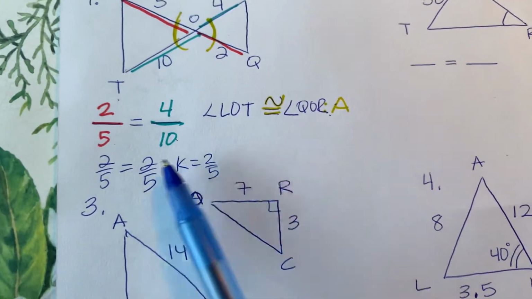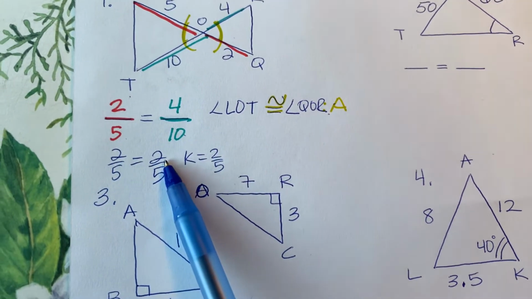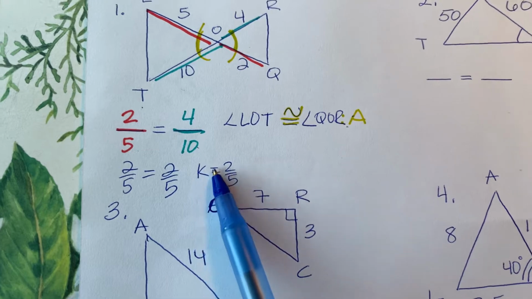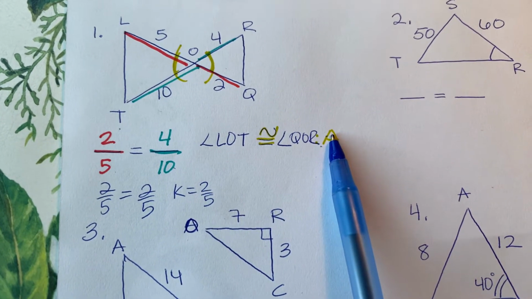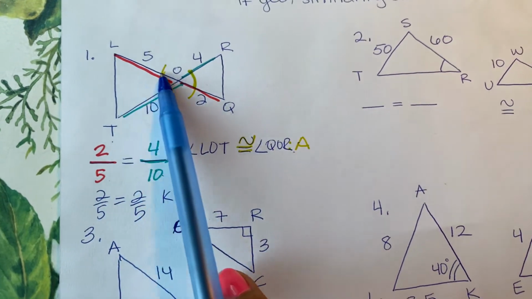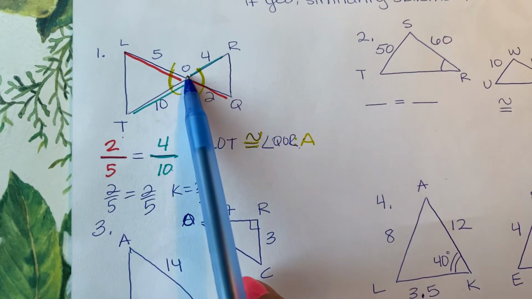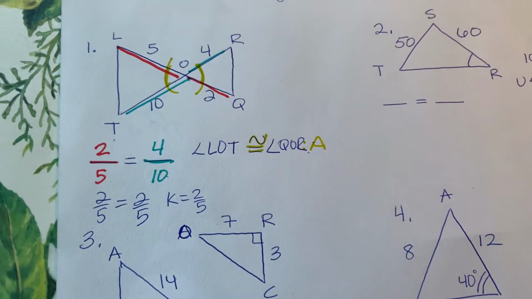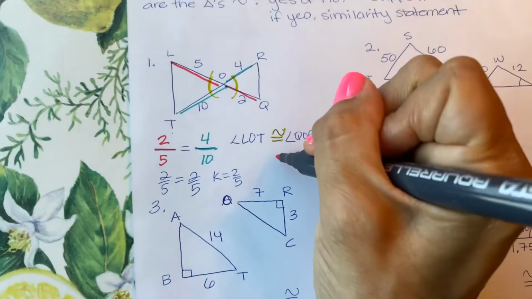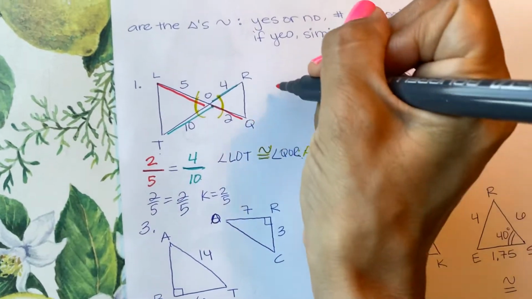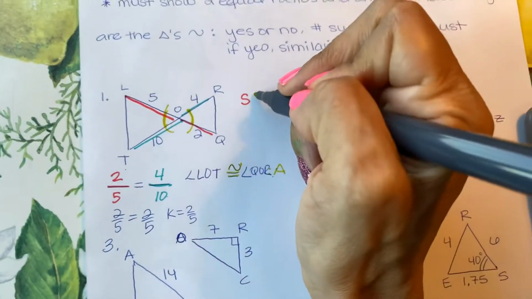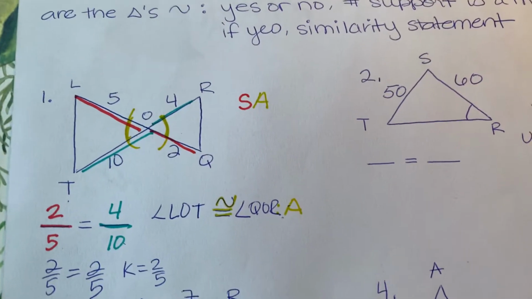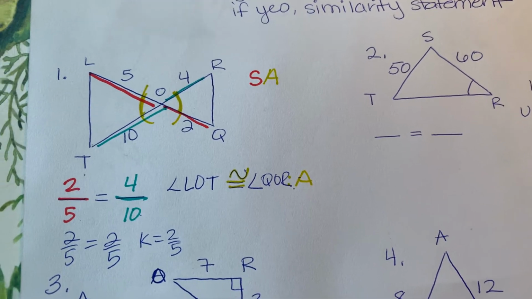Because it's a consistent fraction, I actually do have side, and then this is my inclusive angle. So I have side, angle, side, side, angle, side. The first S comes from the pink, right? The A is my inclusive angle from vertical angles.